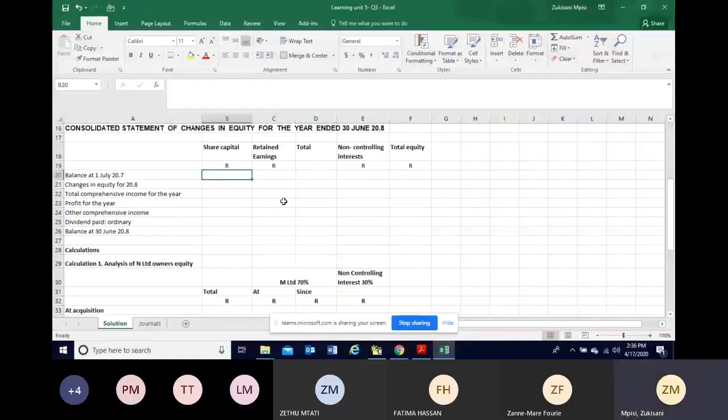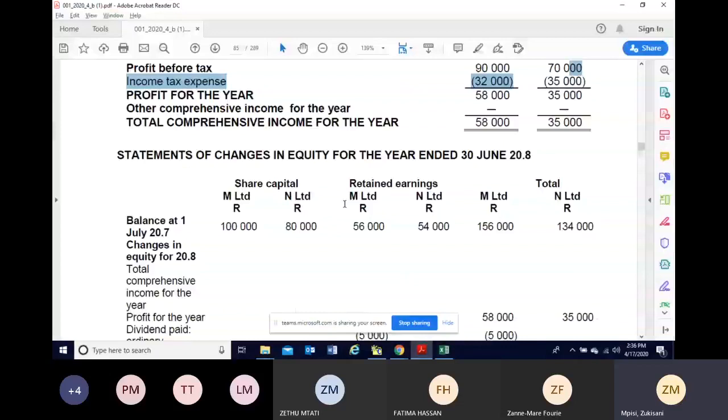Balance at 1 July 2007. So here we've got share capital for the parent and share capital for LTD. Now the question is, which one do we put down on the equity part?